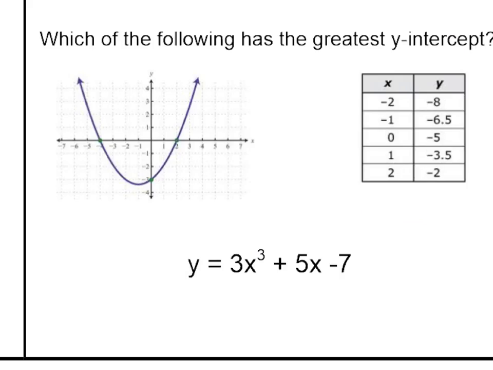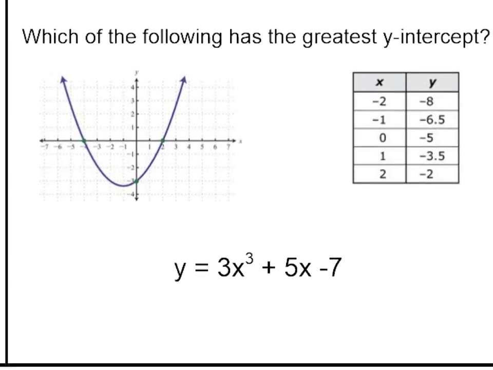Perhaps the most important part about what we're learning today is that you can compare from different forms. So we're going to look at a graph, a table, and an equation and compare all three. All right, for the graph, I see that its y-intercept, its starting point, is right there at 0, -3.